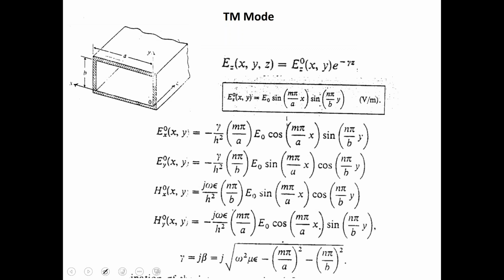Where they're going to differ is in their longitudinal components. The TM mode is going to have a longitudinal component of the electric field, and that component is propagating in the Z direction.